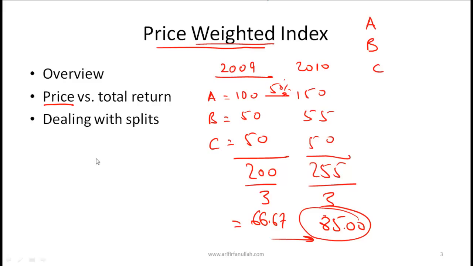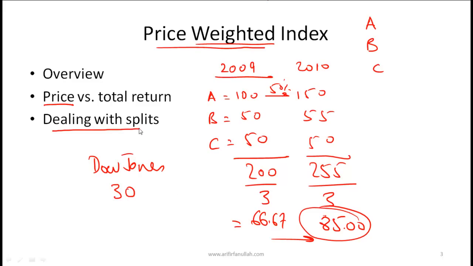And to give you an example, the Dow Jones is one of the most famous price weighted indices in the world. It is based on 30 of the largest stocks in the US, and this is a price weighted index, so dividends are not accounted for.